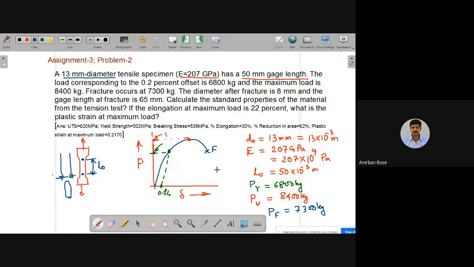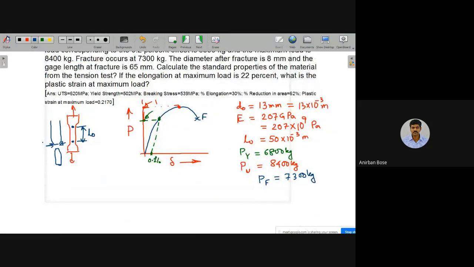So you can give some name to that, say df. The final length is 65 millimeter and the final diameter is 8 millimeter. Okay, so these are the informations, and you can easily convert it into the corresponding SI unit, that means in meters.